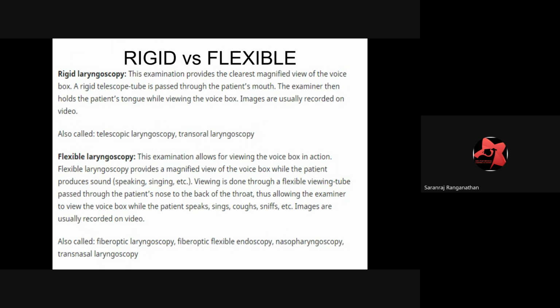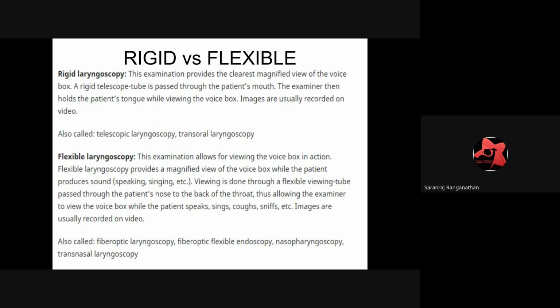But in flexible laryngoscopy, they take the image with the voice box in action. They will ask the patient to speak, sing, and do activities like that. At that time they take the image and examine. That is flexible laryngoscopy.